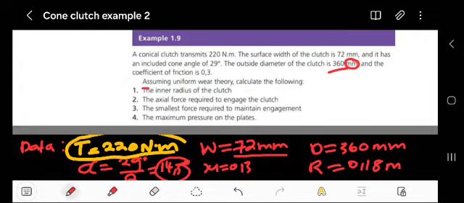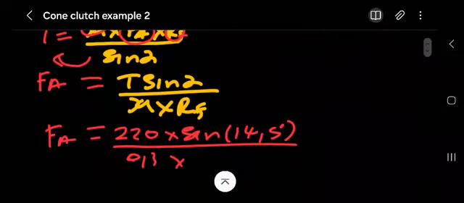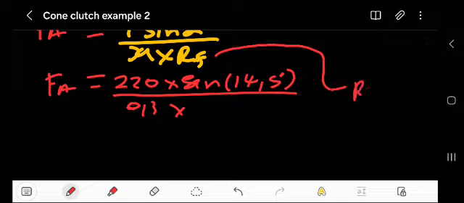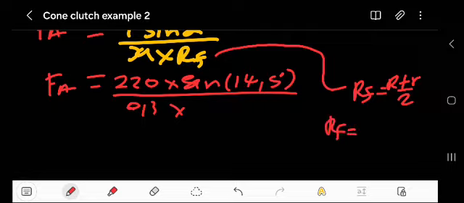So it's uniform Y, as you can see. Since it's uniform Y, this will be R over 2. So RF will be that outer radius multiplied into inner radius. Hopefully you know that.